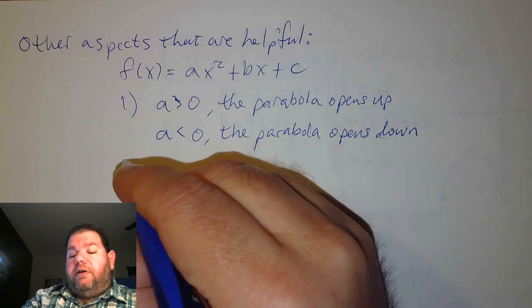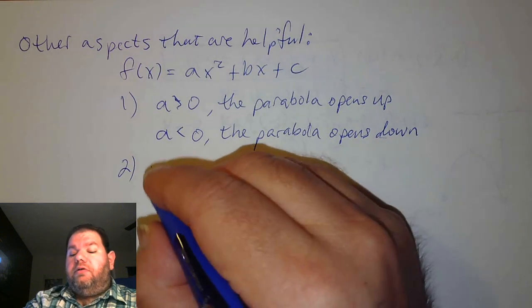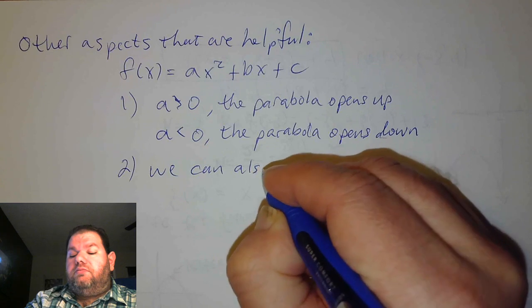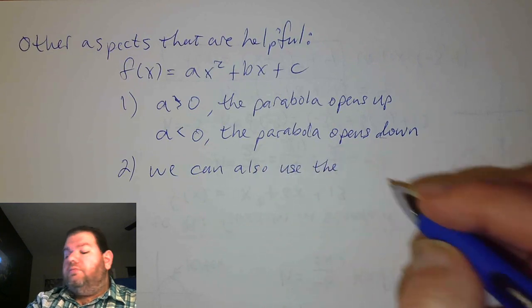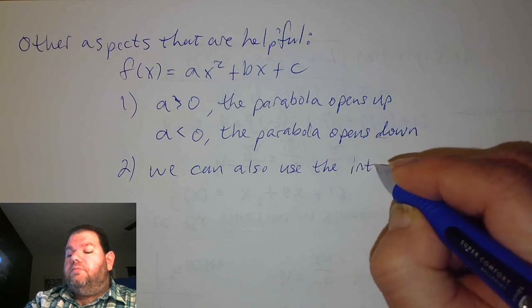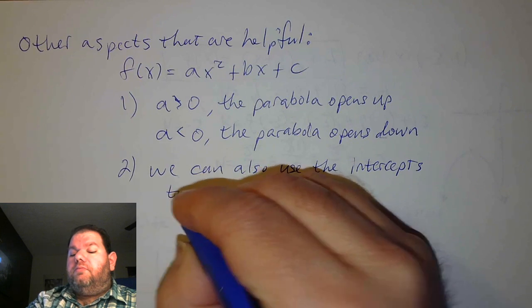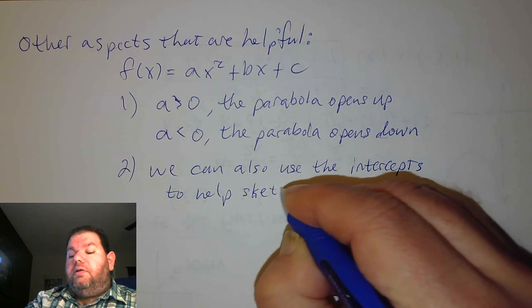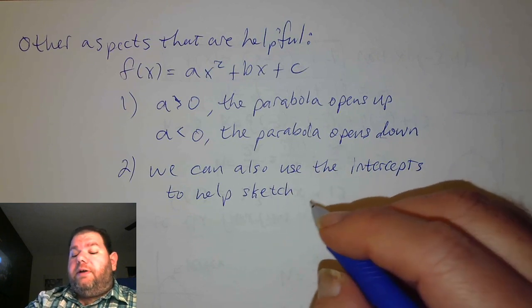The other thing is that we can also use the intercepts to help sketch the graph. And this will give us a more accurate graph than if we're just drawing it based on where the vertex is.